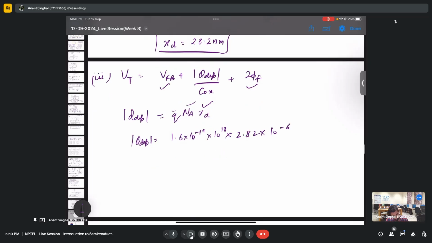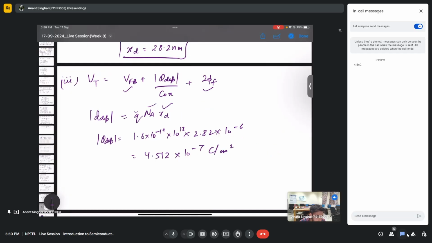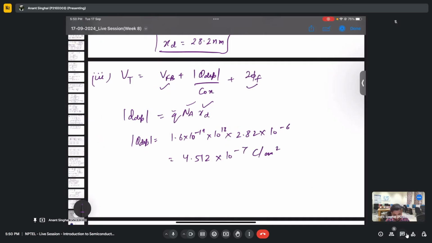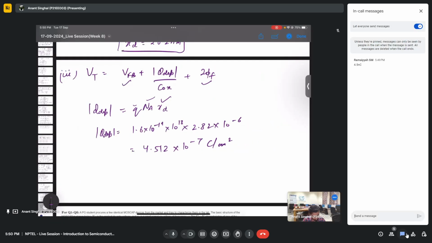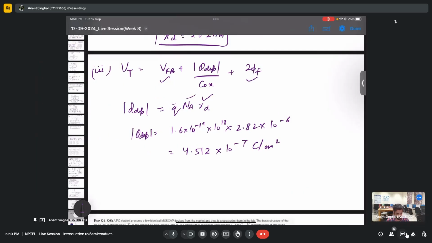So I've got 4.512 times 10 to the -7, or 45.12 times 10 to the -8. And okay, I've got one answer in the chat box. It is 4.5 nano coulomb. Okay, so it should be 4.5, not nano, but it is 10 to the -7. I hope nano is -9.